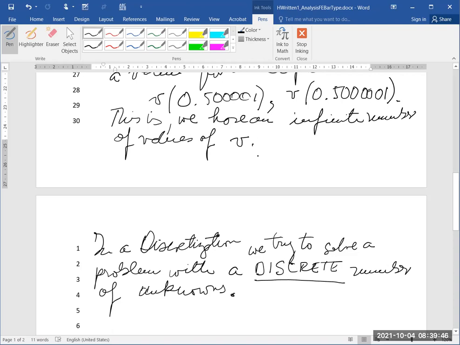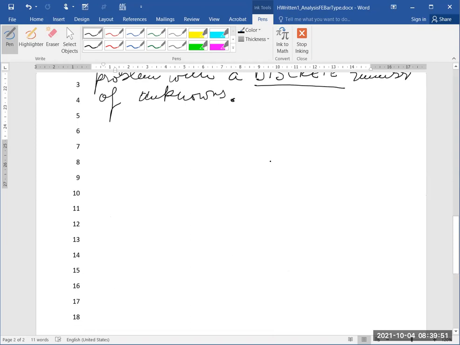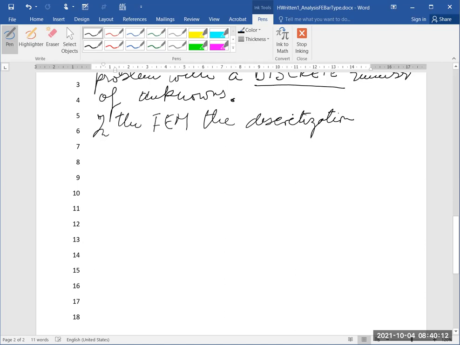Okay? So let's go on and say a couple of words about the discretization, specifically in the finite element method. Okay? So we say in the finite element method, the discretization includes two phases.